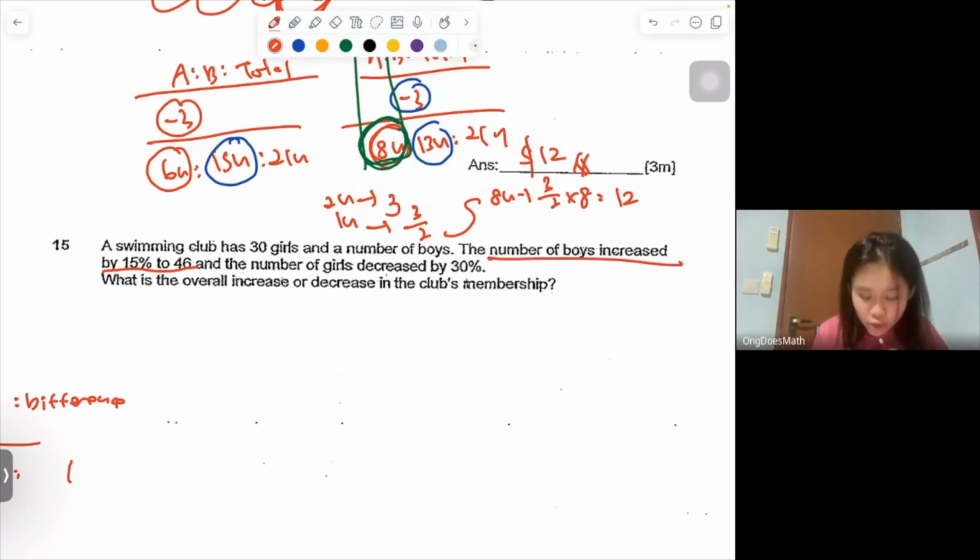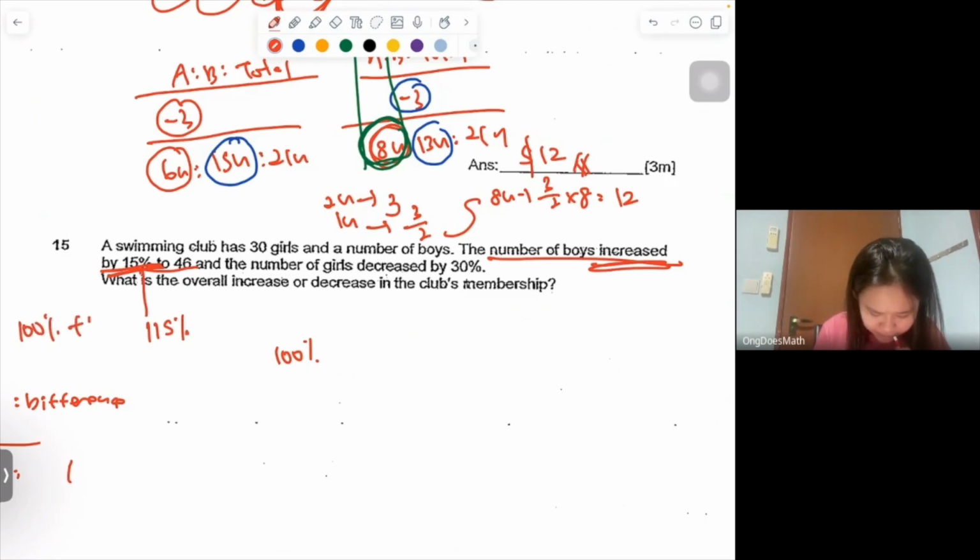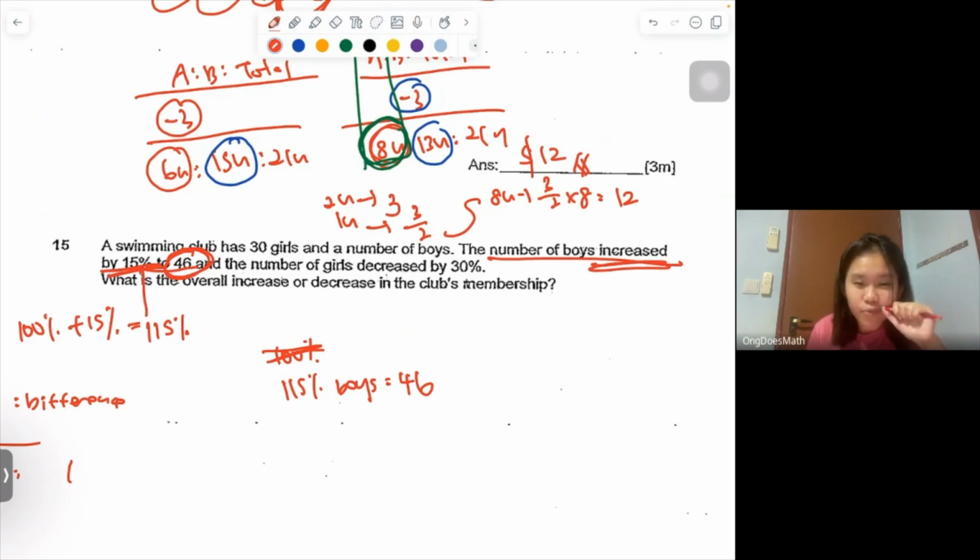So original is always 100%. And when the number of boys increased by 15%, now it's 115%. How do I get 115? It's just 100 plus 15%. The number is then 46, which means 115% of boys is 46. So you want to find out originally how many boys were there.